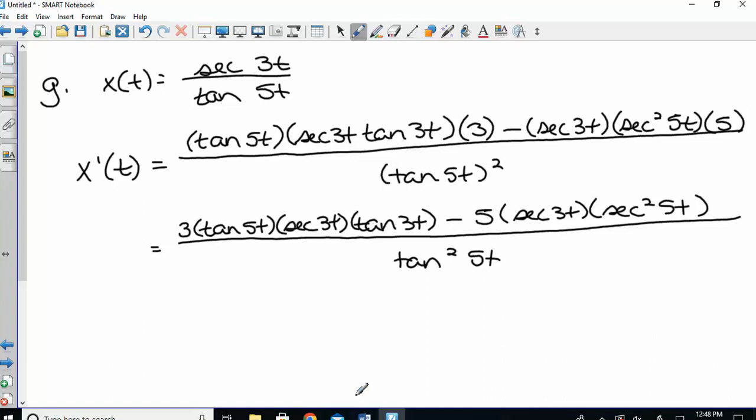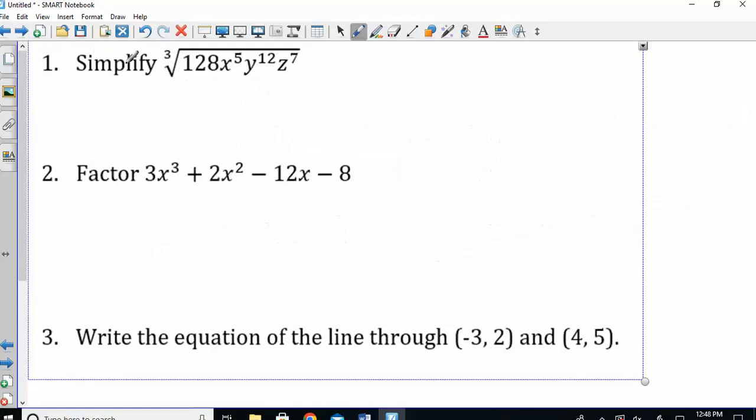And that's all we can do here. Is that okay? Any others on problem 16 that you want to look at? Maybe.